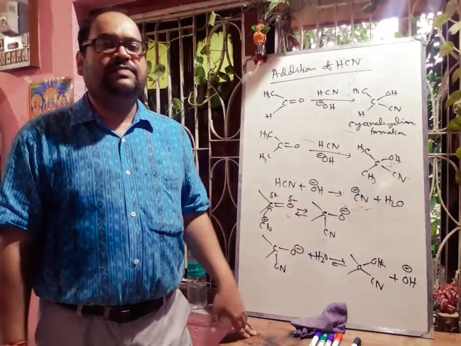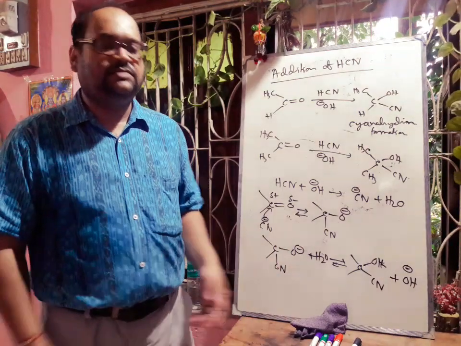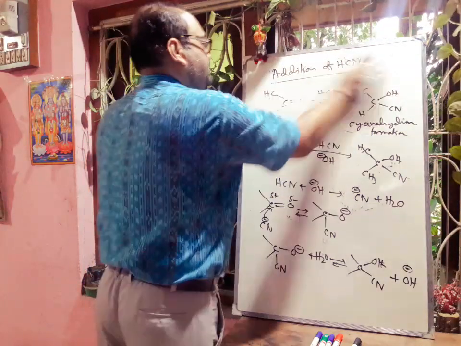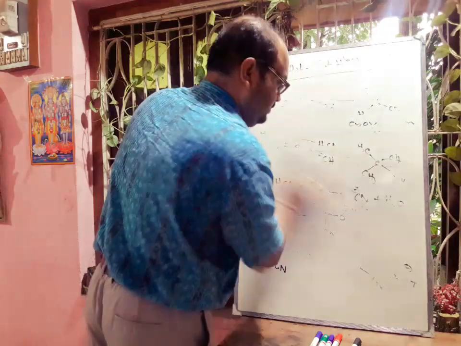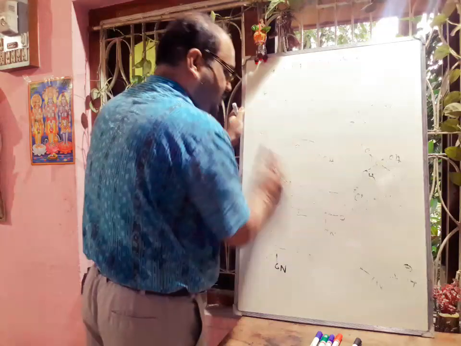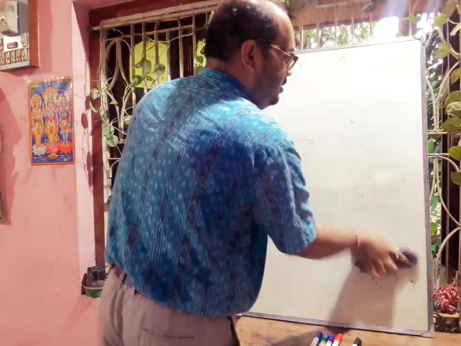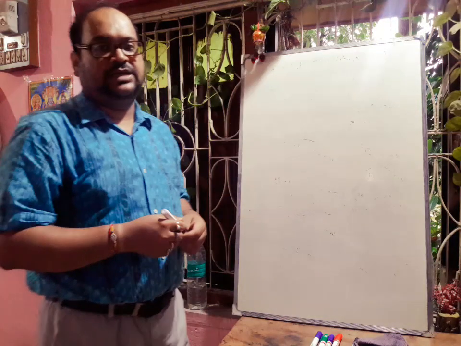Now this synthesis is very important because from this cyanohydrin we can prepare different types of organic compounds that we are showing. We can prepare amino acid, we can prepare diol, even we can prepare lactic acid from this cyanohydrin.